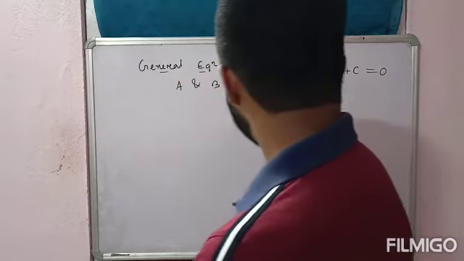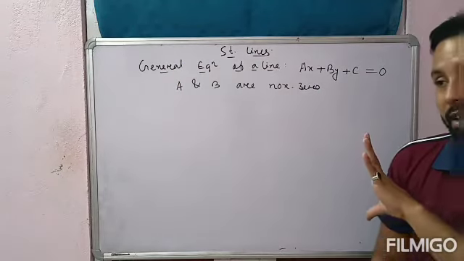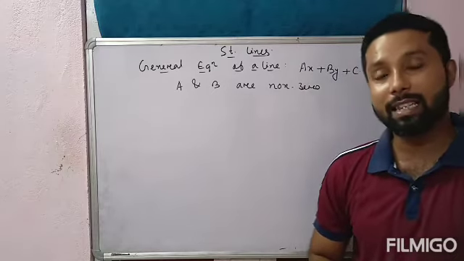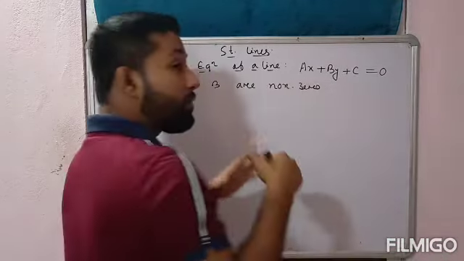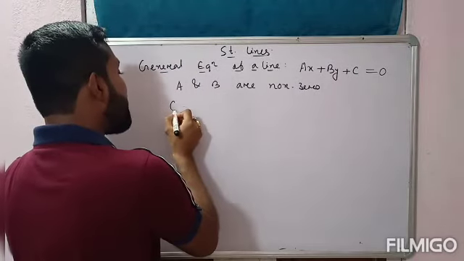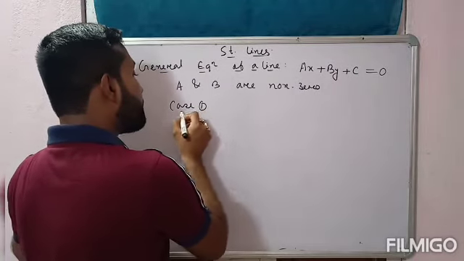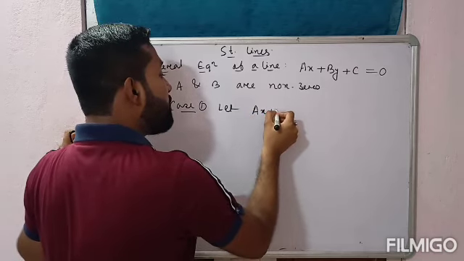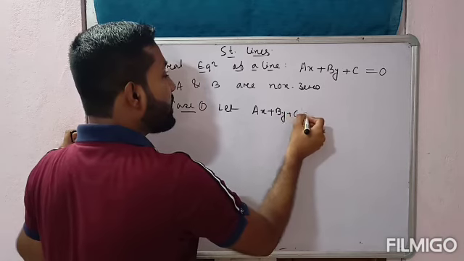Okay. So since in this definition I have already mentioned that a and b are non-zero simultaneously, that means there are a few cases. Look here, case number one. Let the equation of the line be ax plus by plus c equal to 0.